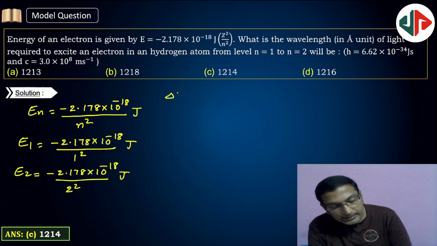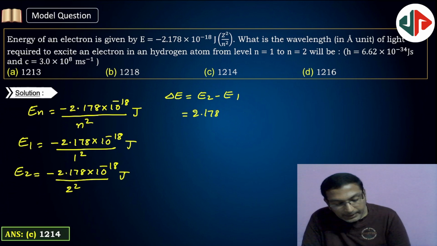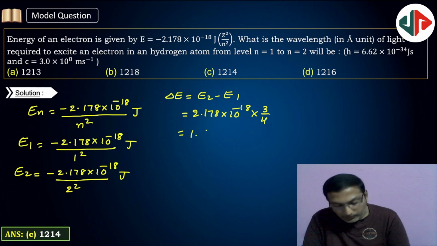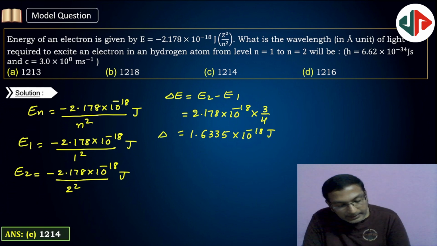So from this delta E equal to E2 minus E1, which is 2.178 into 10 power minus 18 into 3 by 4. So this value is 1.6335 into 10 power minus 18 joules. So from this we can calculate this is delta E value.